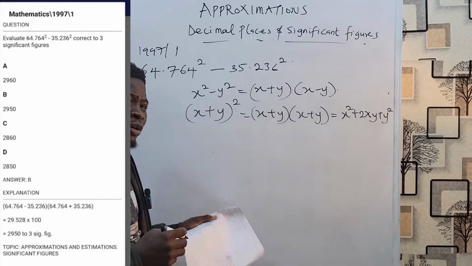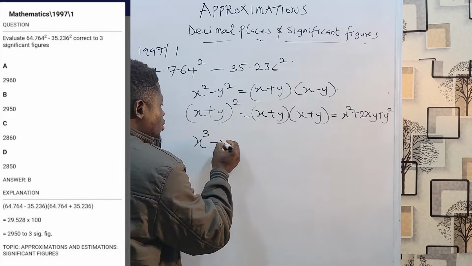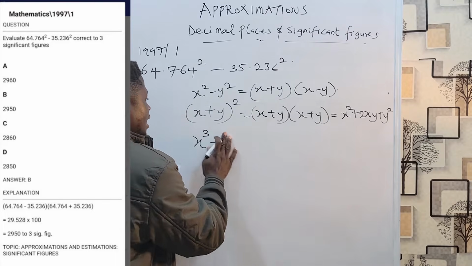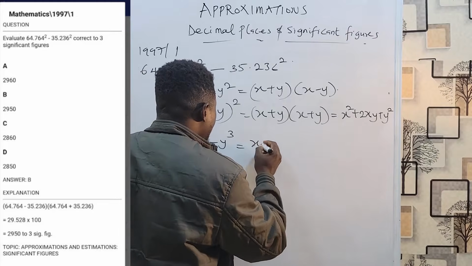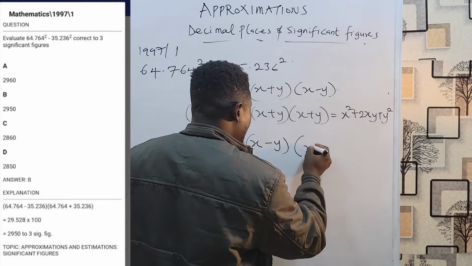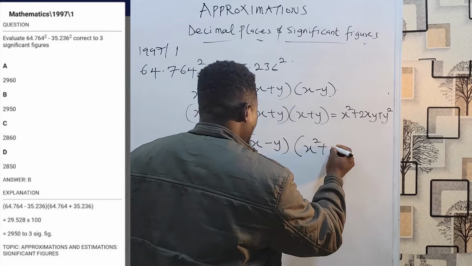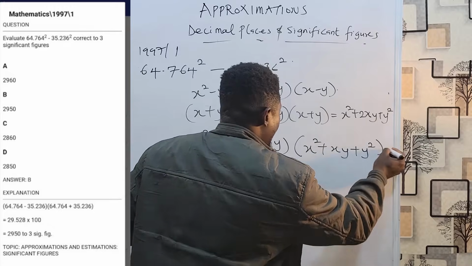Then there's another one we call difference of 3 cubes. That's where we have x cubed minus y cubed, x raised to power 3 minus y raised to power 3. And this is equal to x minus y, into bracket x squared plus xy plus y squared.